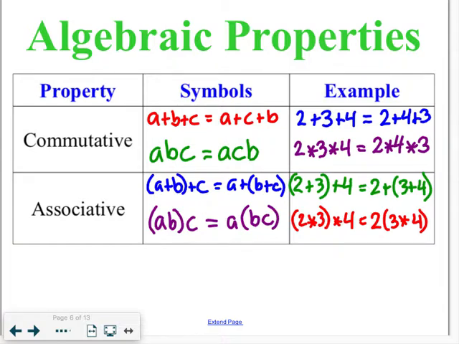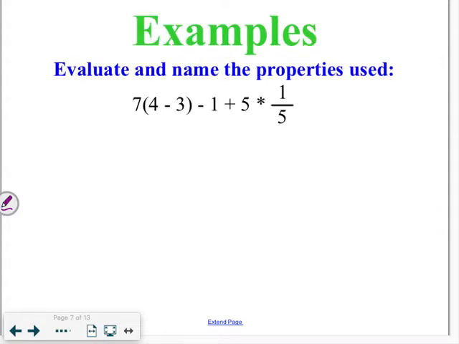So now that we've got the names for all of these properties, we're going to use them to help us simplify numerical expressions. So we have the expression 7 in parentheses 4 minus 3 minus 1 plus 5 times 1/5. So our goal here is to solve this problem and to be able to name the properties that we use. First thing the order of operations tells us to do is 4 minus 3.